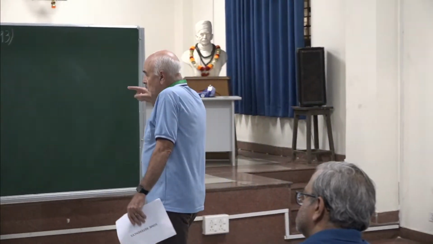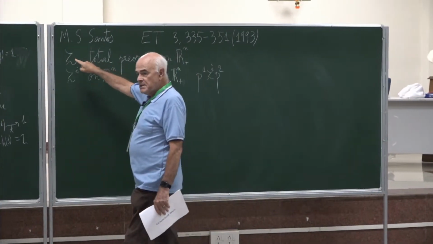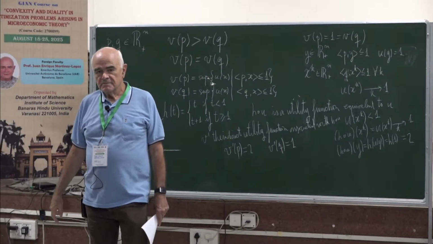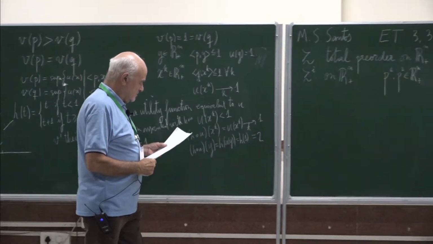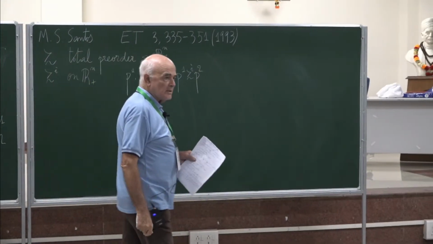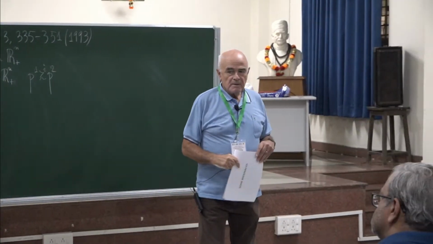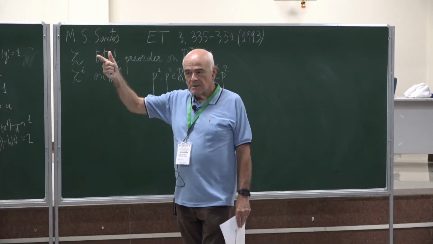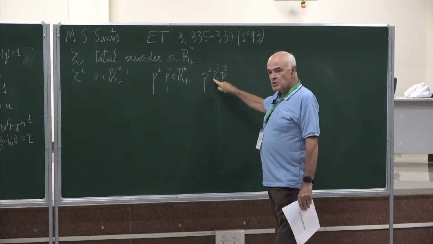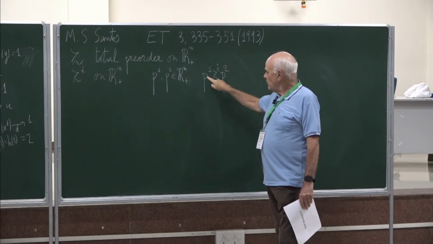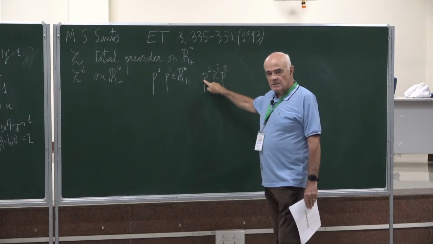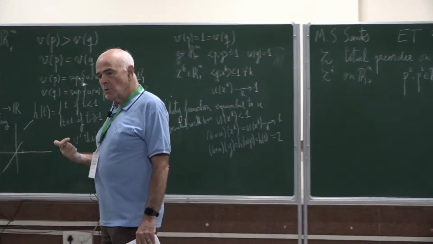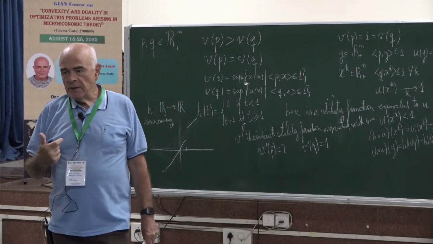Okay, if your preferences on commodity bundles are represented by this total preorder, inspired by what we have just seen, you will say that you prefer P1 to P2 if you can obtain under P1 something which is at least as good as what you could obtain under P2.